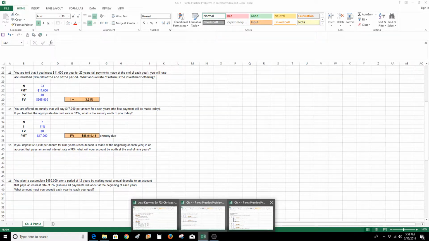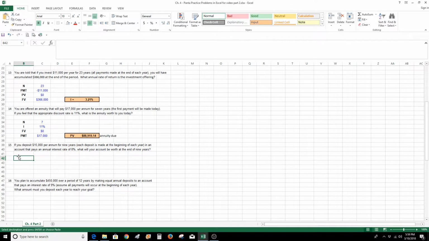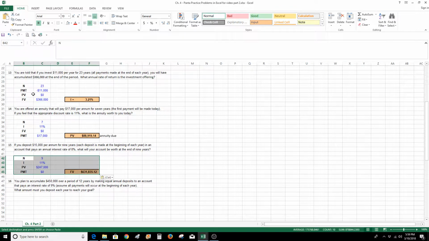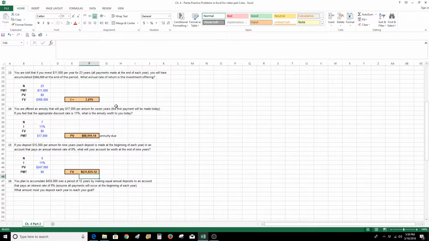So I'm going to go out here, find one that has future value, copy. Back here, right click and paste. Since this is an annuity due, I'm going to go ahead and put the comma 1 in the formula and copy and paste.